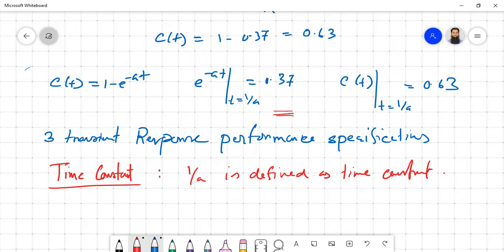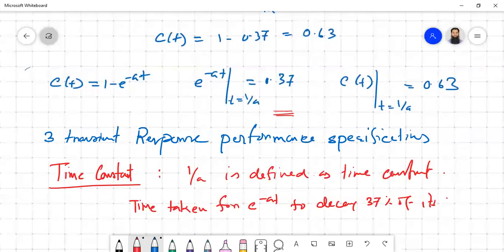The first definition that we can give to the time constant is the time taken for e to the power minus at to decay to 37% of its initial value.